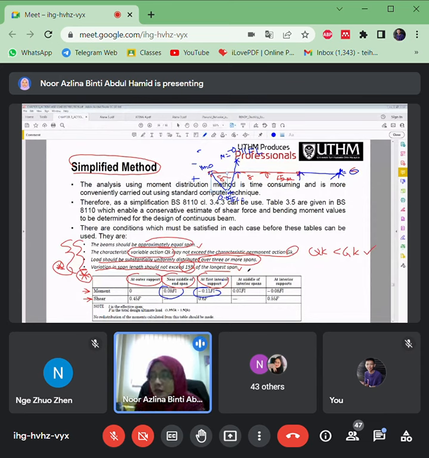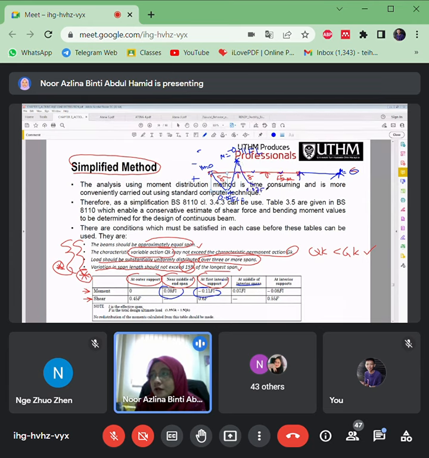Okay, at the middle of the interior span. If this is the end span, the rest will be the interior spans. This is interior, this is interior. It doesn't matter how many interior spans there are. 0.07FL. So we are back to positive here.